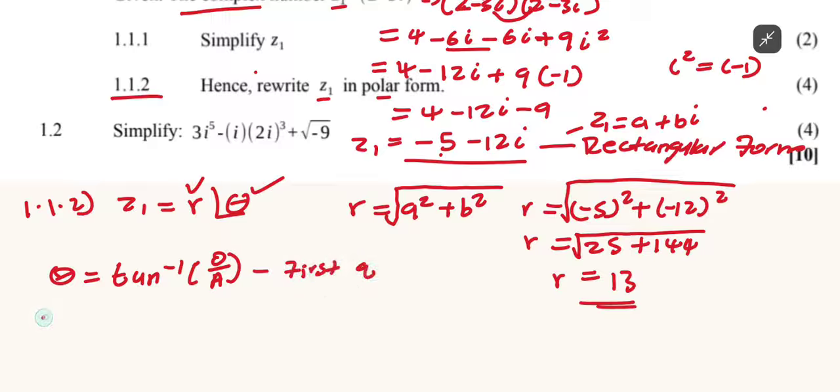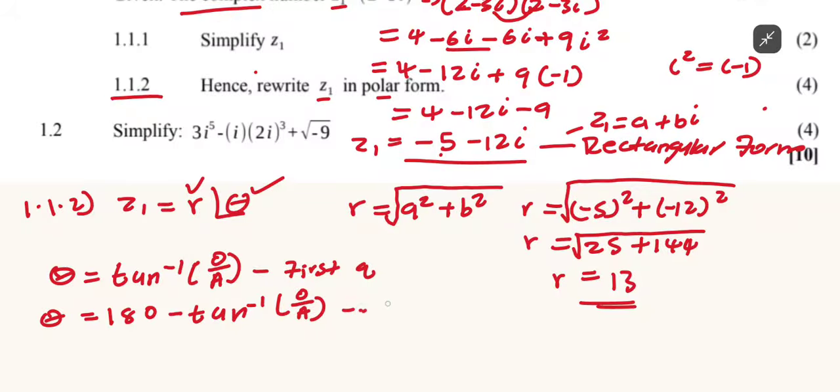Then theta on the second quadrant will be equals to 180 minus the inverse function of tan, opposite over adjacent.